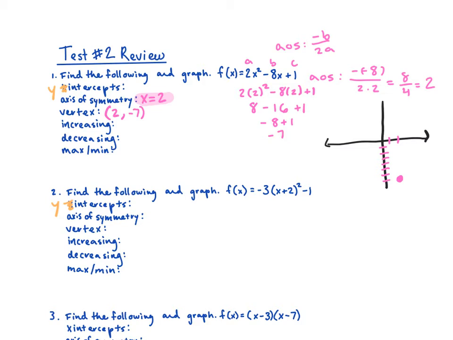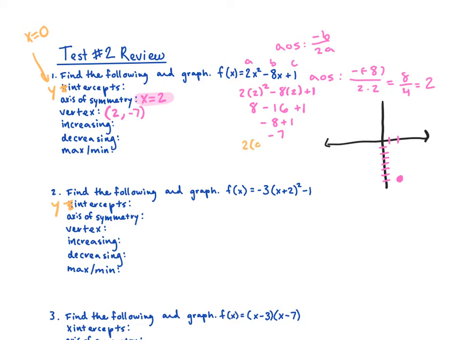And now we can find our y-intercept. What would our y-intercept be here? Not negative 7. Remember, our y-intercept we get when x is equal to 0. So we plug 0 in for x.